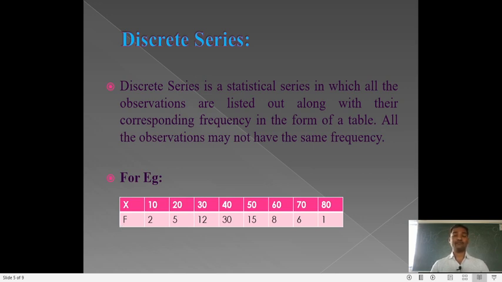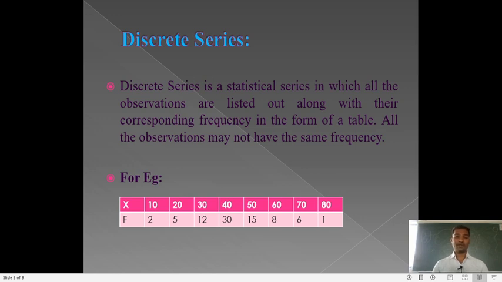So 10 is repeated 2 times, 20 is repeated 5 times, 30 is repeated 12 times, 40 is repeated 30 times. So these are observations and their frequencies. In a discrete series there are observations and, in front of them, their frequencies. So this is the second example of a data series, the discrete series.